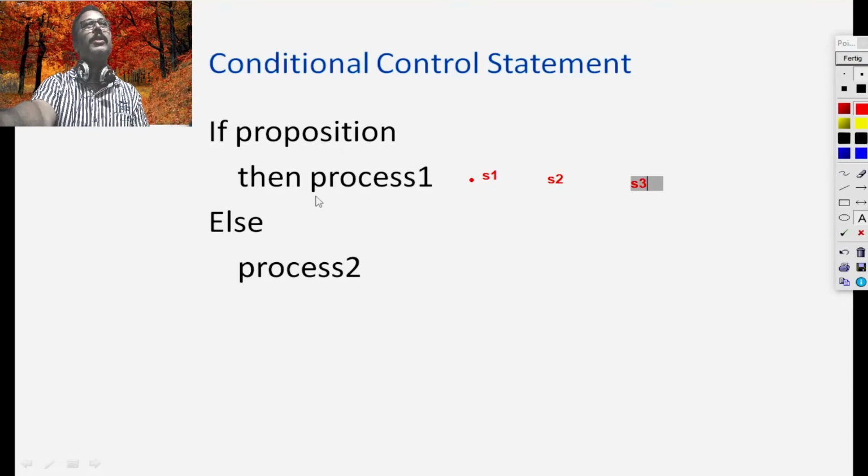So these are nothing but the statements. And proposition, as the name indicates, is something which can be true or false. So if this proposition is true, then do it.